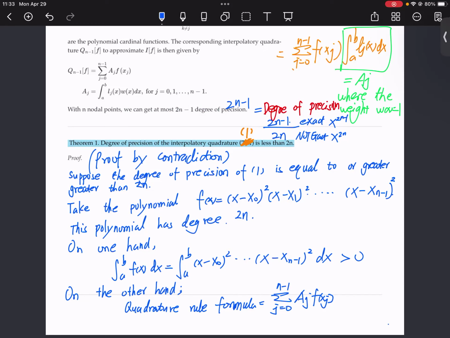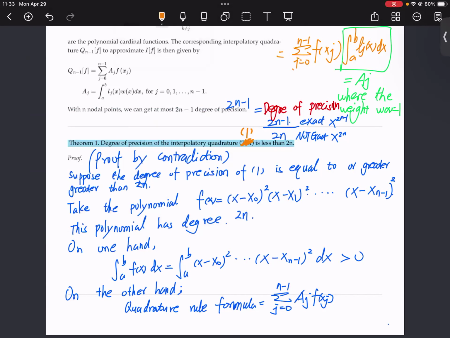If we replace j with n minus 1, so x equals x_{n-1}, this part is 0, which means the f function value is also 0.